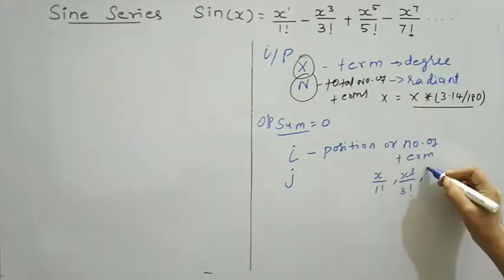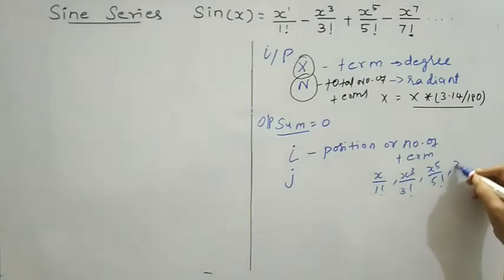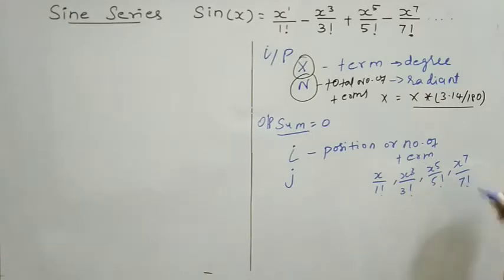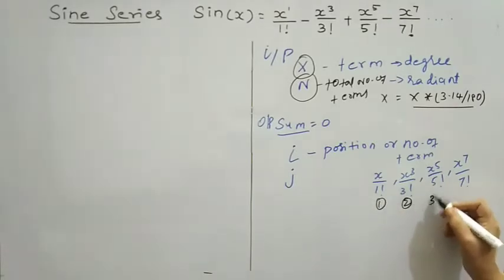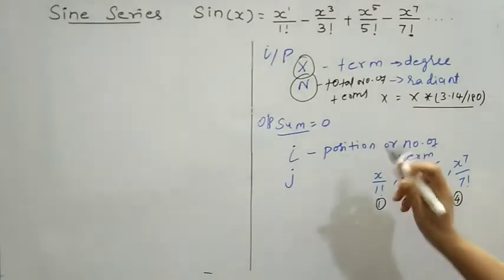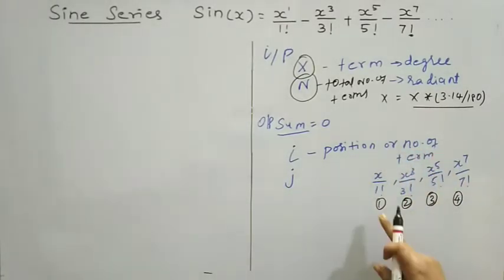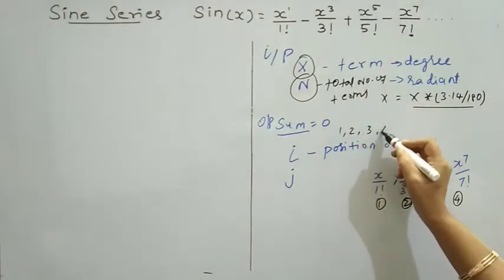The third term is x power 5 by 5 factorial. And the fourth term is x power 7 by 7 factorial. What are the positions of these terms? This is my first term, second term, third term and fourth term. So i is going to hold the position or number of terms. So the value of i will be 1, 2, 3 and 4.